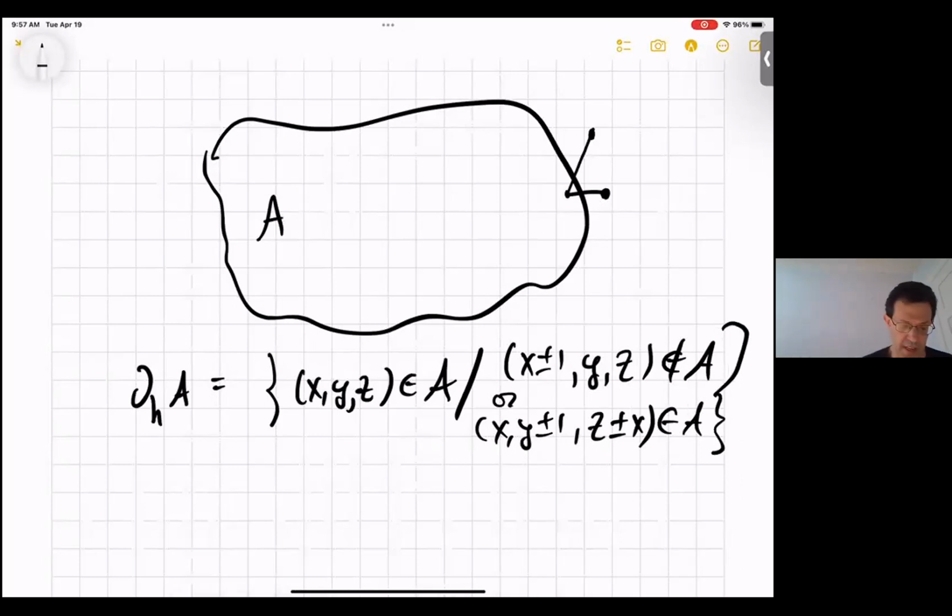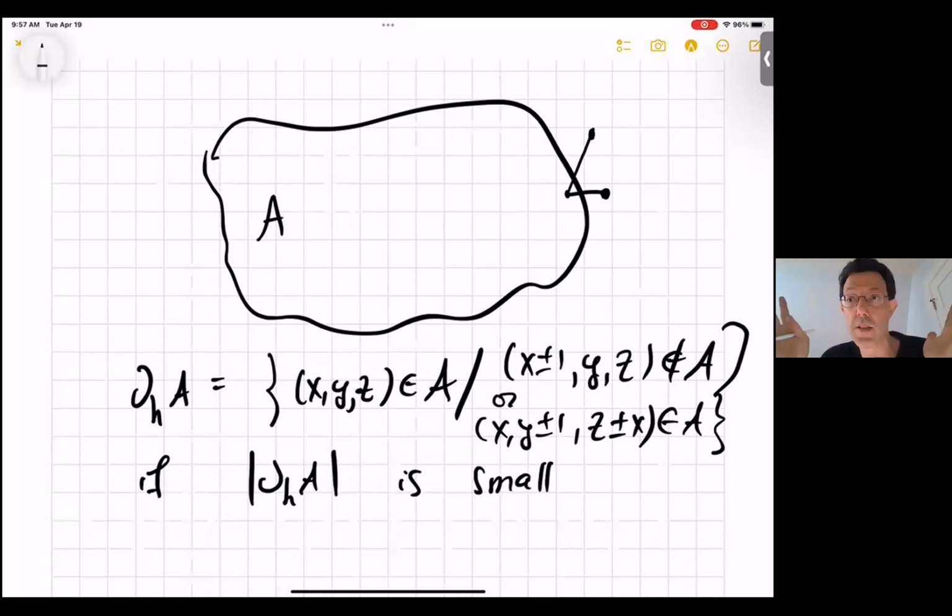So if DH, the number of, I'm counting how many of these edges there are, is small, then just from the presentation, this implies, and this means it is difficult to leave A in the direction of the edges.